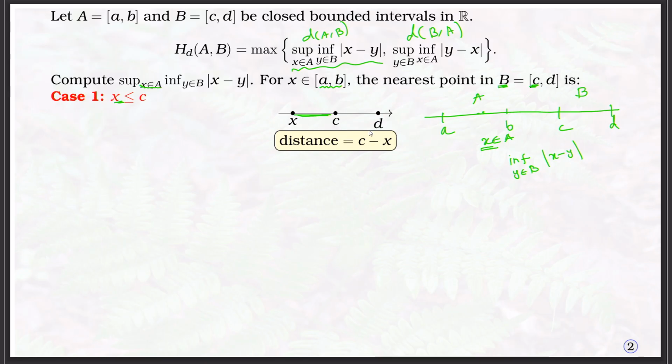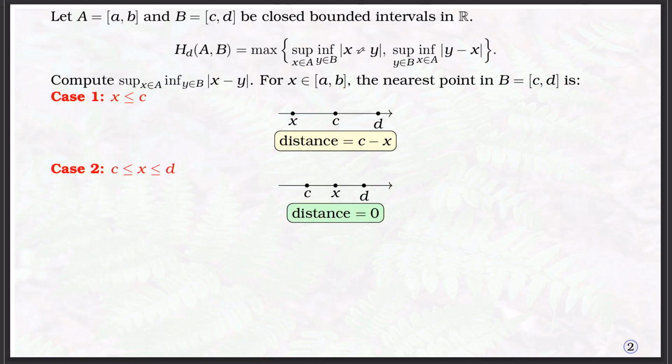Then the other case: if x is inside the interval c to d, then the nearest point is x itself, because the same point belongs to the set c to d, therefore the nearest distance is 0. If x is less than c, the nearest distance is c minus x.